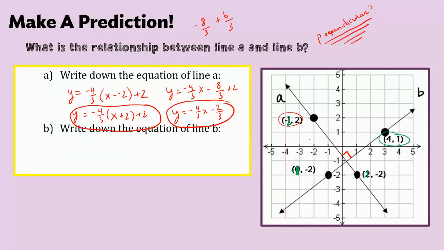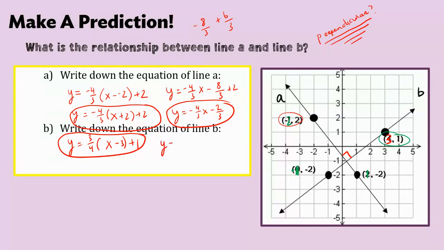So let's do the same thing for the equation of line B. So I'm going to pick this. It's not 4-1, it's 3-1. And my slope is up 1, 2, 3, and over 1, 2, 3, 4. So y equals 3/4 x minus 3 plus 1. Right? There's my equation.